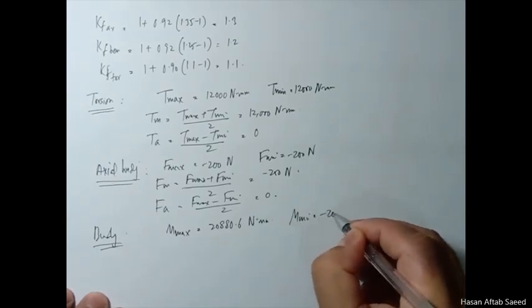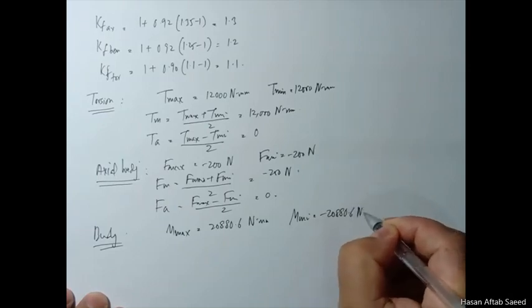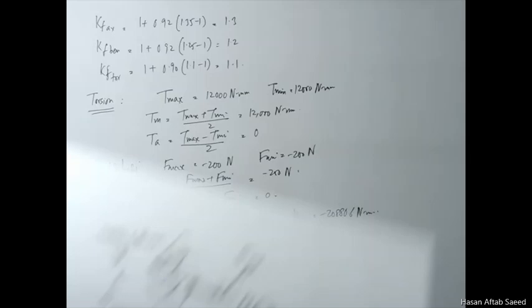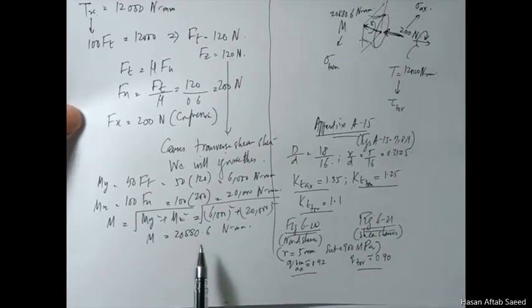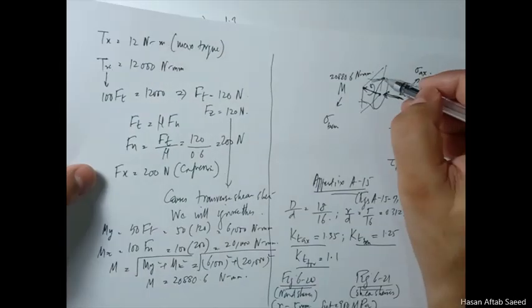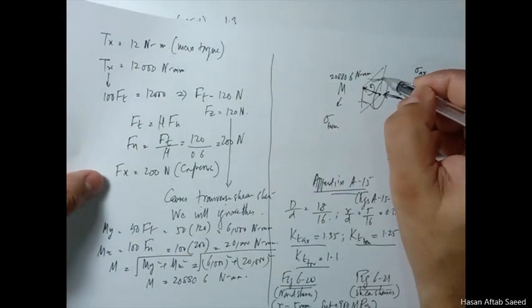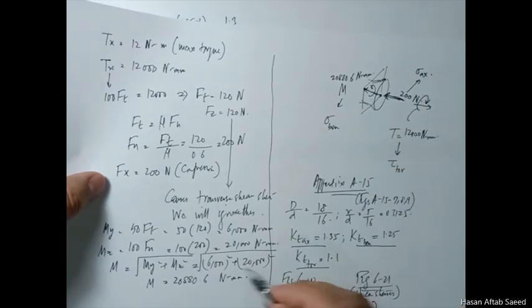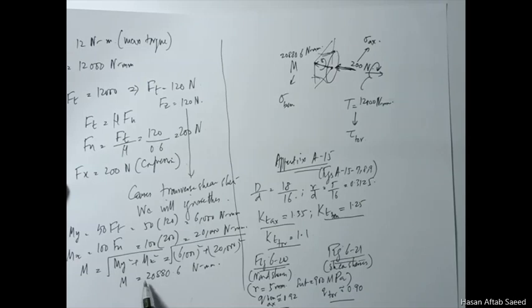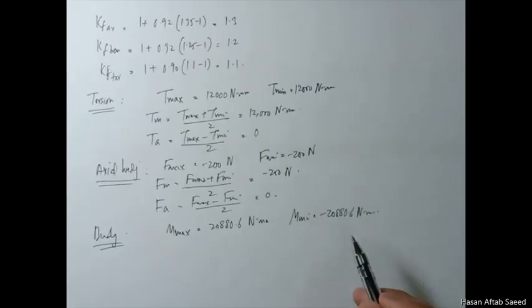That is minus of this, because the resultant value that you calculated, if this causes, for example, a positive stress here, after half a cycle it will become negative, and then it will become positive again. So in every cycle it is changing its sign. So this also has a negative sign with it, so that is this value.